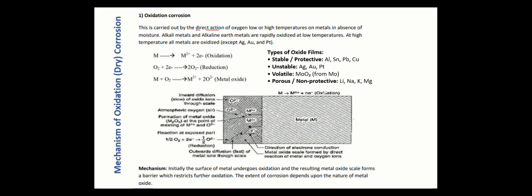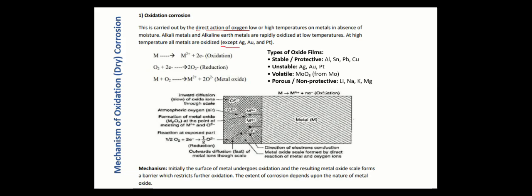Here comes oxidation corrosion. Oxidation corrosion refers to the direct chemical attack of oxygen on a metal surface. This can occur at room temperature for highly reactive metals such as lithium, sodium, potassium, and magnesium, and it becomes pronounced at high temperatures for almost all metals, with a notable exception of noble metals such as silver, gold, and platinum, which resist oxidation due to their low chemical affinity for oxygen.